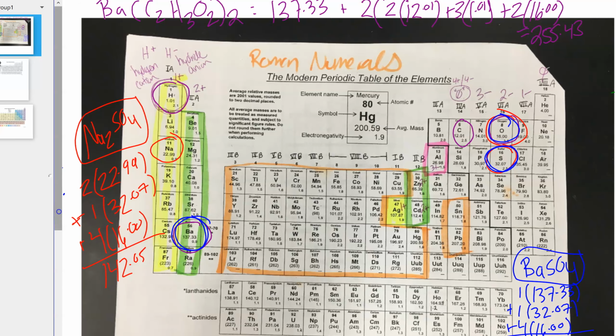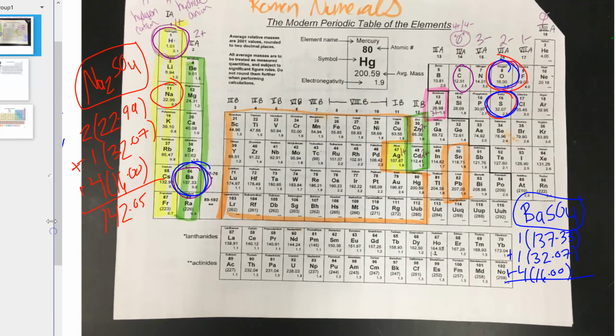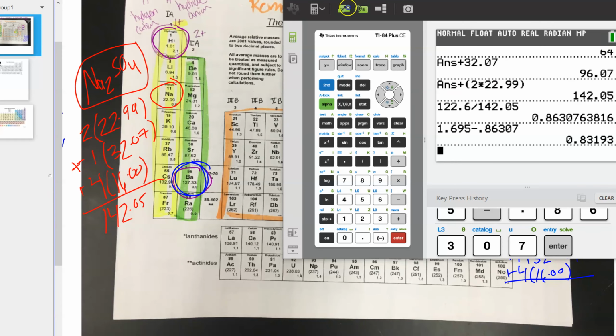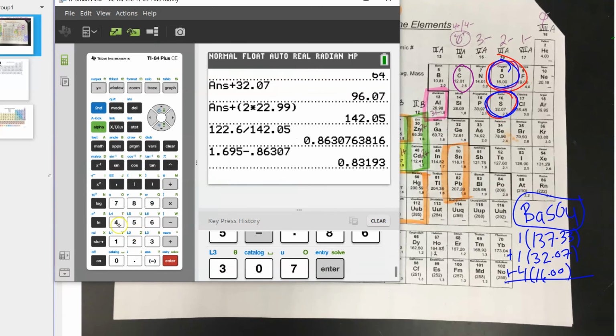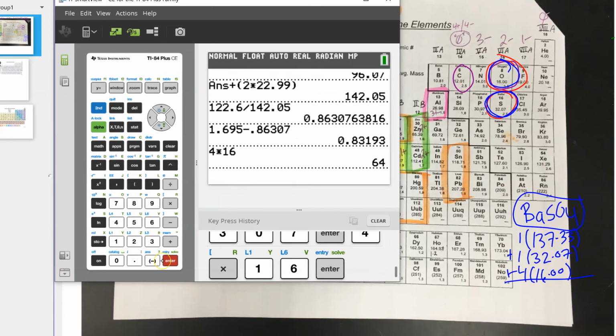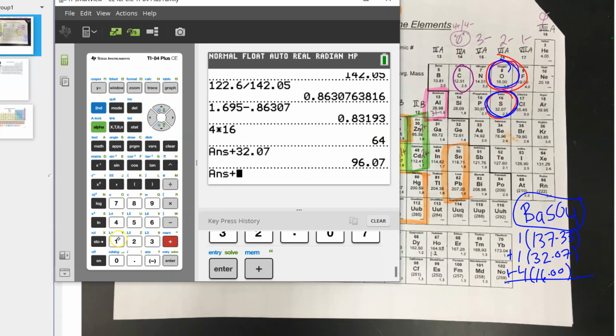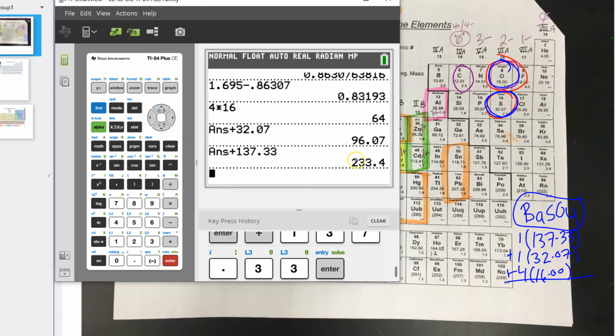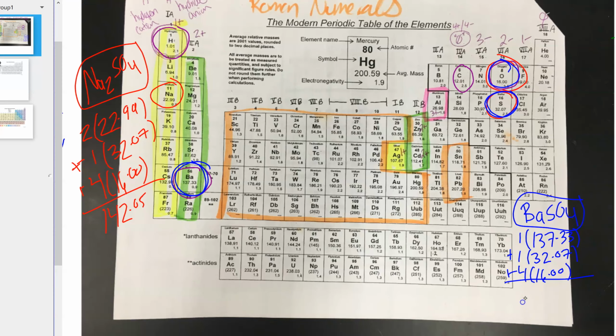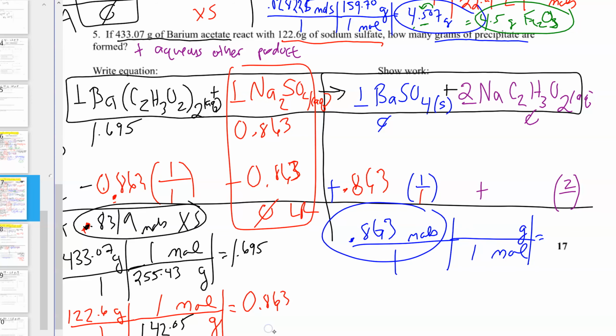Okay, now we've got to add those up and put it back into my problem. So 4 times 16 plus 32.07, that's the sulfur, plus the barium, 137.33, and that gives us a mass of 233.40 grams per mole.